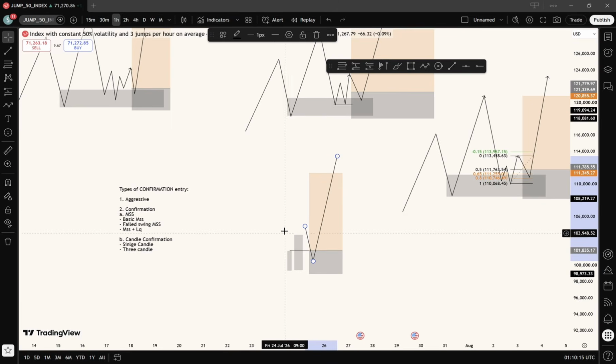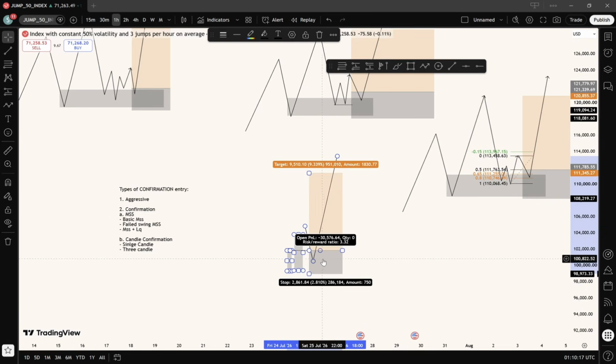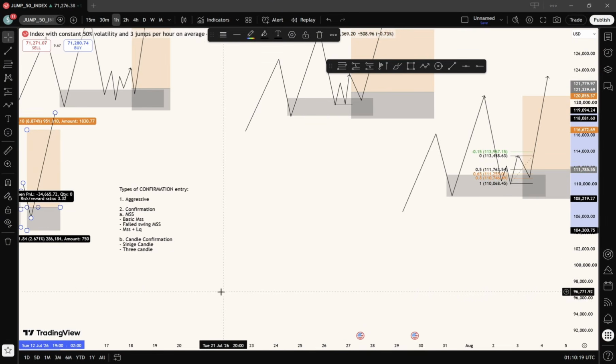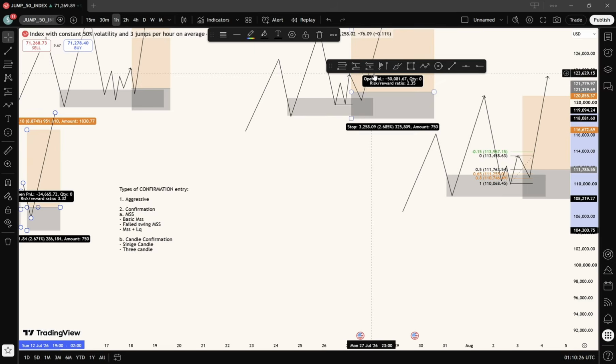Then when it comes to three candle confirmation, or swing confirmation, right? This is what I would like to see.